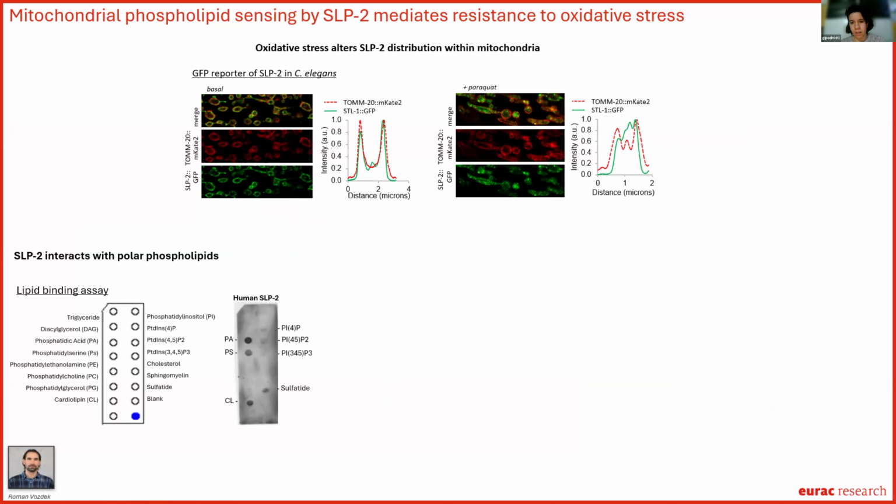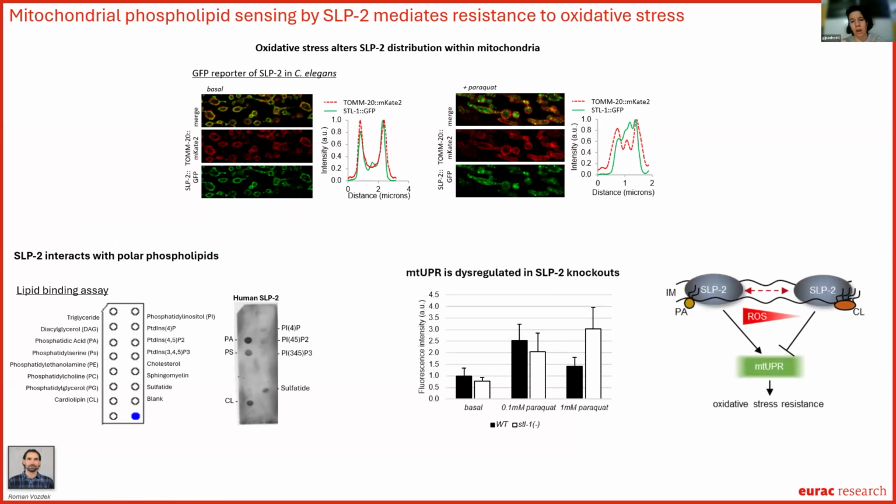Another interesting thing is that in SLP2 knockout worms you have a dysregulated mitochondrial unfolded protein response. So we think that SLP2 works as a kind of sensor, binding different species of lipids, in particular phosphatidic acid and cardiolipin, to stimulate the mitochondrial unfolded protein response in the context of oxidative stress.